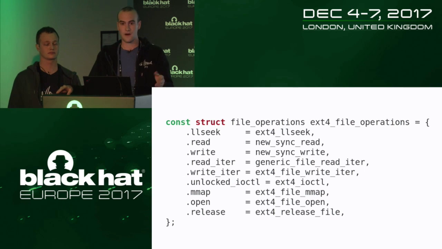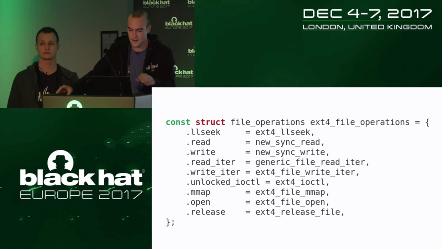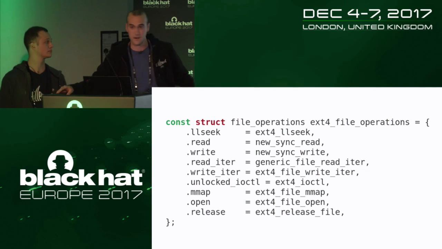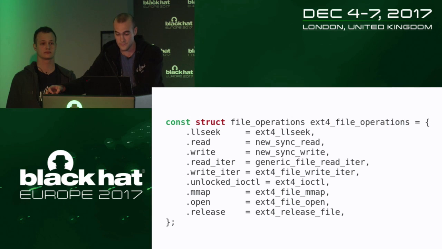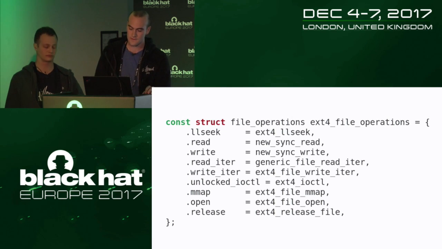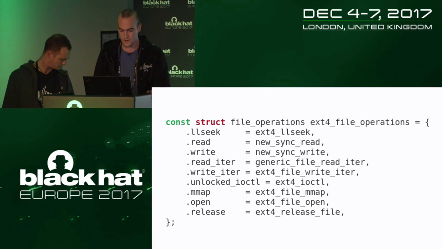Anytime you interact with this file, like if we call open on this foo file we've just created, it's actually going to go down to the second from the bottom. It's going to say, okay, I'm calling .open on this ext4 file, and it's going to route execution to ext4_file_open. That's a specific function to open ext4 files. And so that's how this is done. We'll see this is similar, or exactly similar, to how it's done for device files.